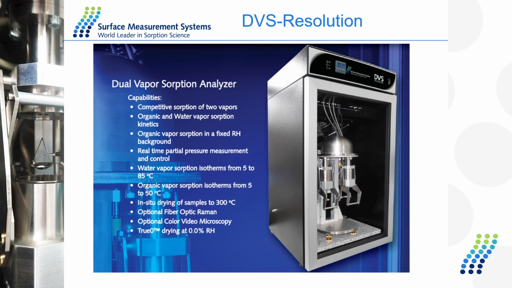Of course, for water, we use a humidity sensor, which is fairly available on the market. However, to measure organic solvent, we have to develop our own sensor, which we define as a speed of sound sensor.